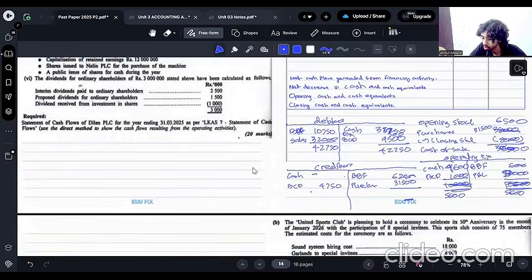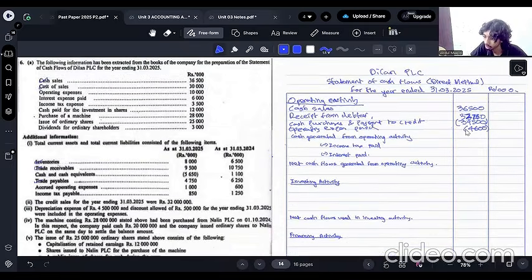Then it's gonna be 31,500 plus 6,250, 37,750. 37,750 minus 4,750. Cash paid to creditor 33,000. Then you can say here cash purchase and payment to creditor 33,000.